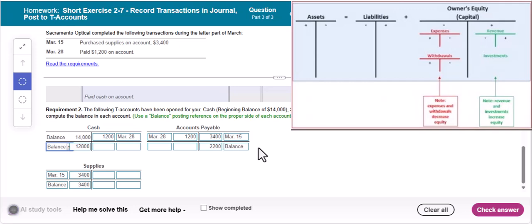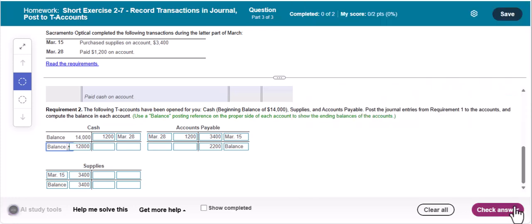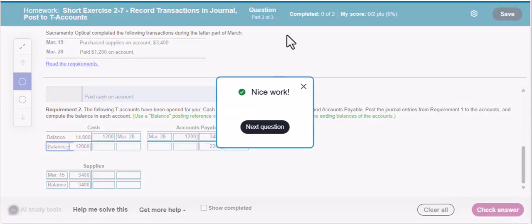So let's go ahead and check our answer. Nice work. Now in our homework, we're going to be doing lots of journal transactions. We don't do a whole lot of posting to T accounts, but always remember this is really, really important in the real world.